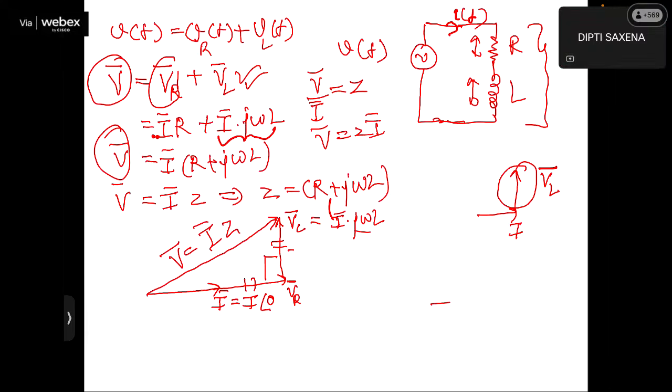So, what is the diagram? This is your phasor VR, in the direction of I. This is your phasor VL.